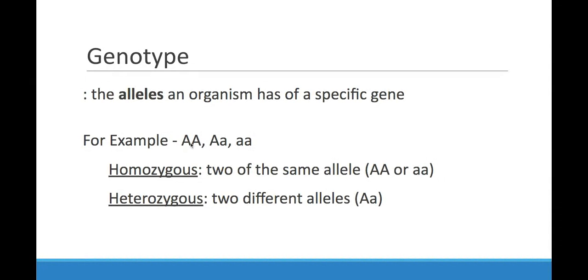So the two alleles an organism has for a given gene, we call the organism's genotype. If the organism has two of the same allele, we say the organism is homozygous for the gene. If it has two different alleles, we say it's heterozygous for that gene. So what alleles an organism has is its genotype.